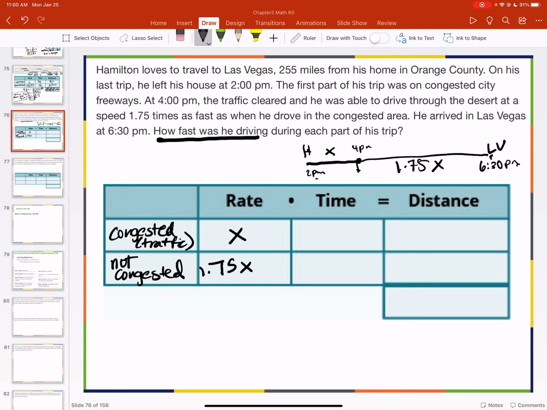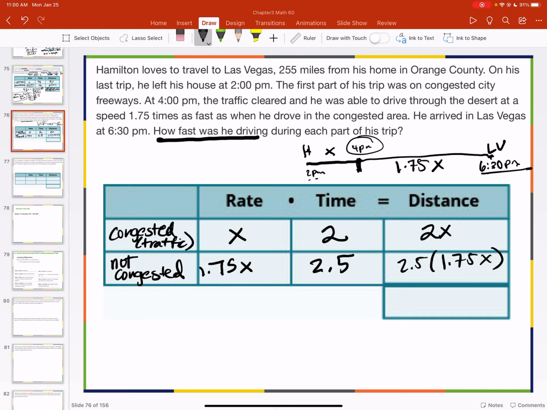So from his house to the end of the congested area is 2 hours, since it's 4 p.m. And then from the end of the congested area to Las Vegas, at 6:30, that's 2.5 hours. So I'm going to write 2.5. Okay, and then we multiply across. So we get 2x here. And then we get 2.5 times 1.75x. Okay, we'll just leave that.